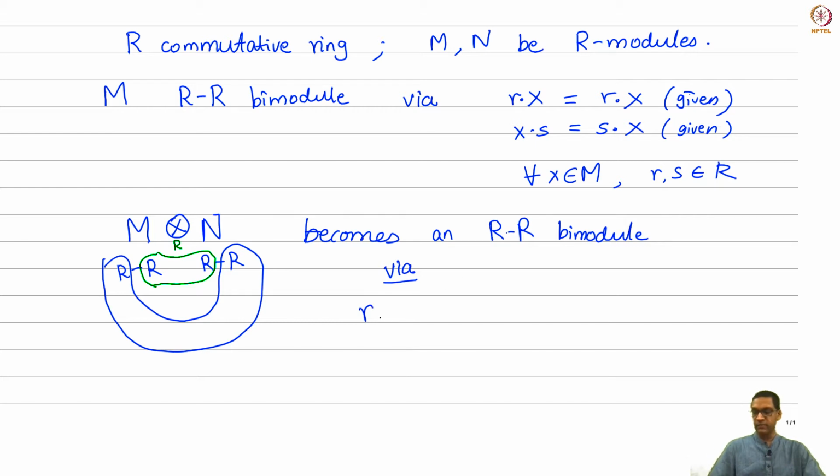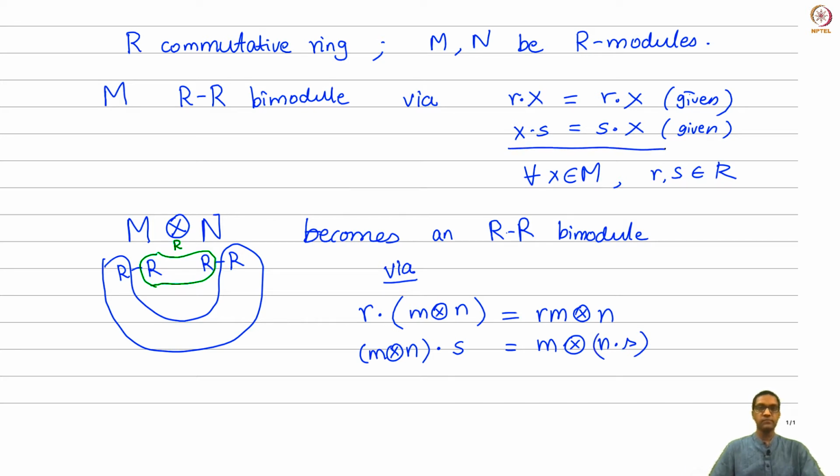If I take an element r from R, then the left multiplication, when it acts on a generator or a decomposable tensor m tensor n, r acting on m tensor n by definition is rm tensor n. That's the left action if you wish. The right action similarly, m tensor n acted upon by s on the right, but as we just defined, for commutative rings the right and the left actions are the same.